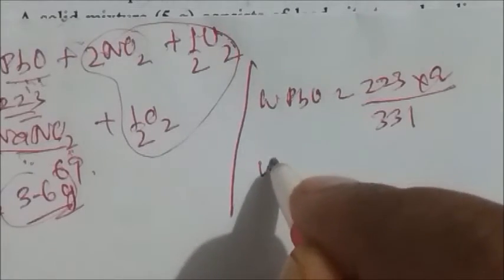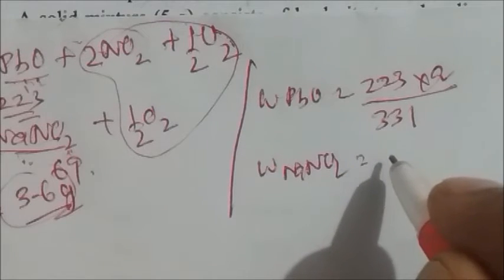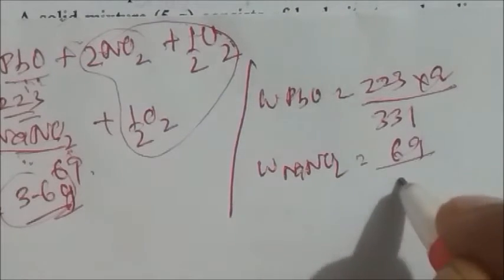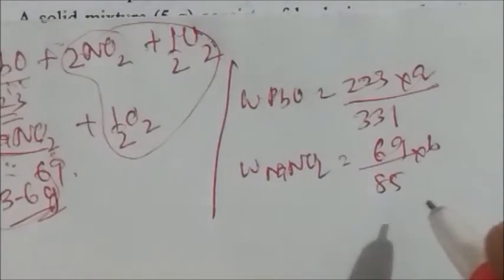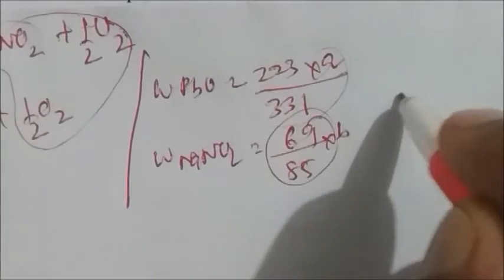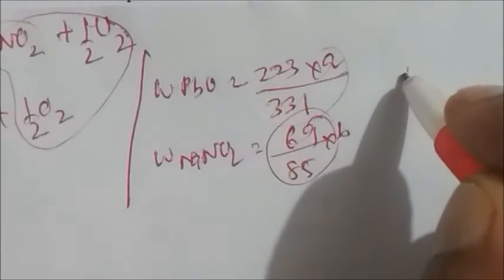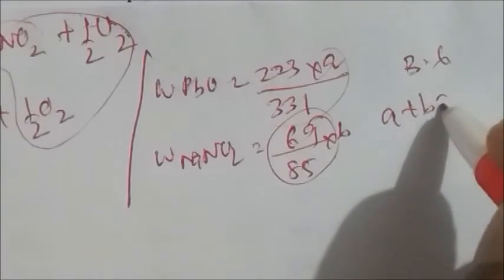And similarly, weight of sodium nitrate will be 69 divided by 85 into B, and this weight is total given 3.6 gram. So weight of this plus this is how much? If you solve it, it is coming 3.6 gram, and we know A plus B is given 5 gram.